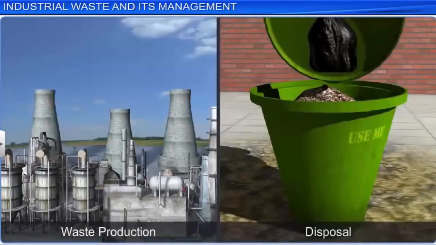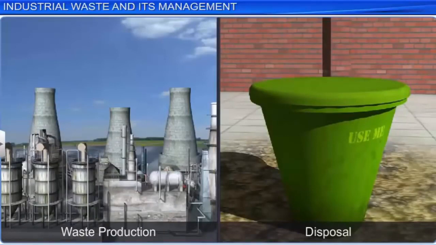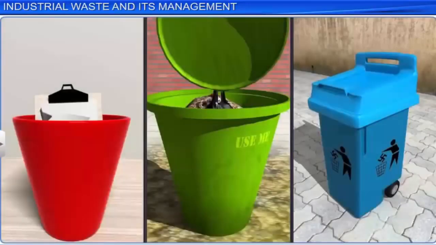Waste is produced at many spots, from where it has to be collected for proper usage or disposal. In a proper waste management system, domestic waste is collected in small bins and then transferred to community bins.